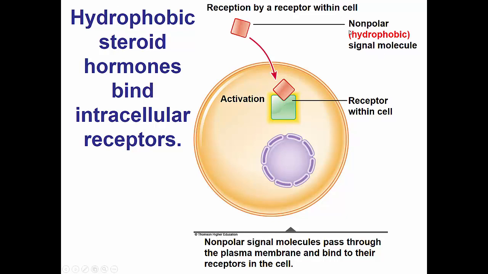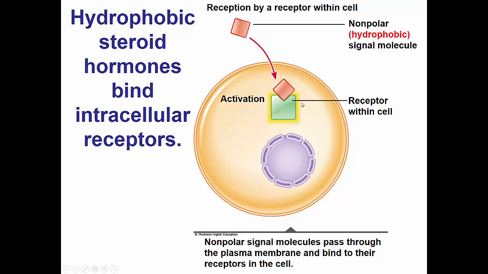So first we can have a hydrophobic signal molecule. So hydrophobic signal molecules, these could be things like steroid hormones that can easily pass directly through the plasma membrane by diffusion. So these diffuse from the environment through the plasma membrane, and then they are recognized by an intracellular receptor within the cell.